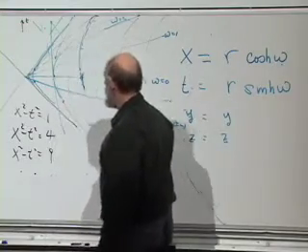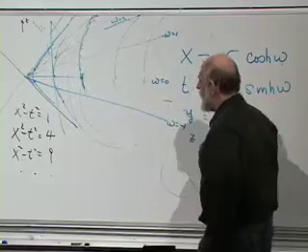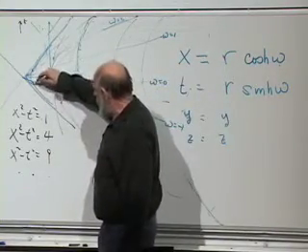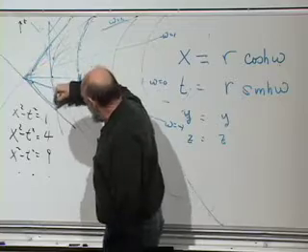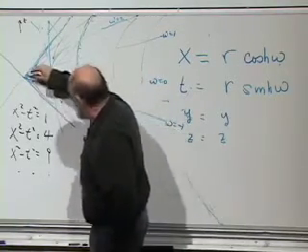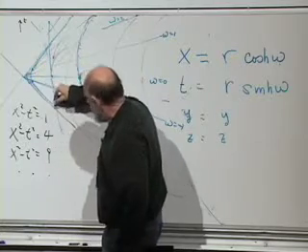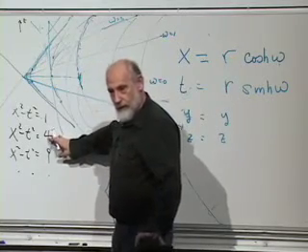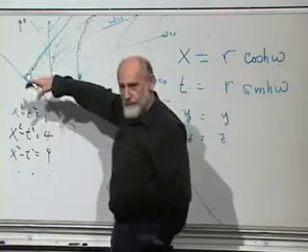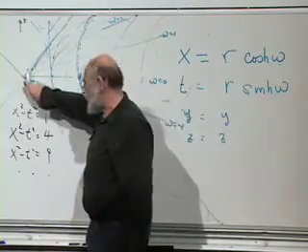What does it look like in r and omega? Well, r equals 0 is not just a point over here. R very tiny is this whole hyperboloid, which is very close to the light cone. The whole light cone can be thought of as r equals 0, or an extension of r equals 0.